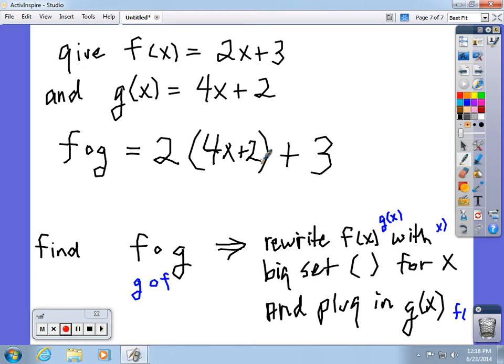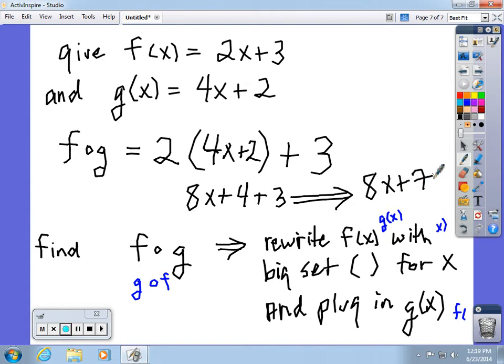And do it. 8x plus 4 plus 3 is equal to what? 8x plus 7. So f composed of g is 8x plus 7.